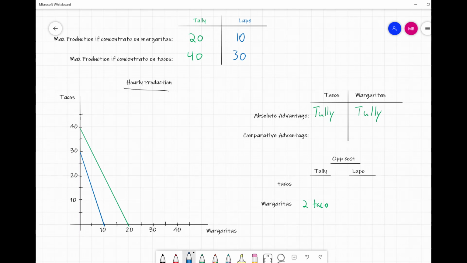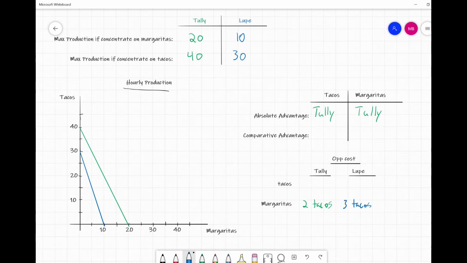And for Lupe, we see that the slope is negative 30 over 10, which is negative 3. So the opportunity cost for a margarita for Lupe is 3 tacos. Guess I need an S on each of these as well. Now we know the opportunity cost of tacos is the inverse of the slope in terms of margaritas.